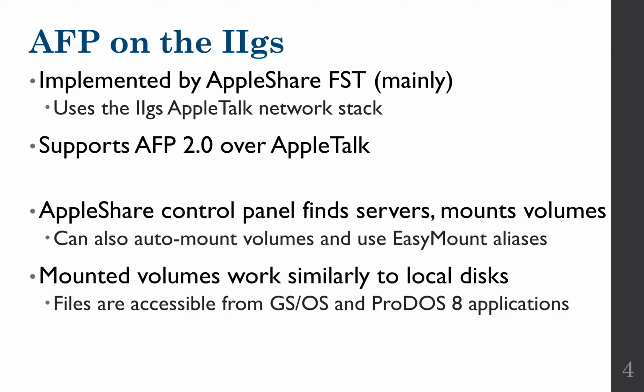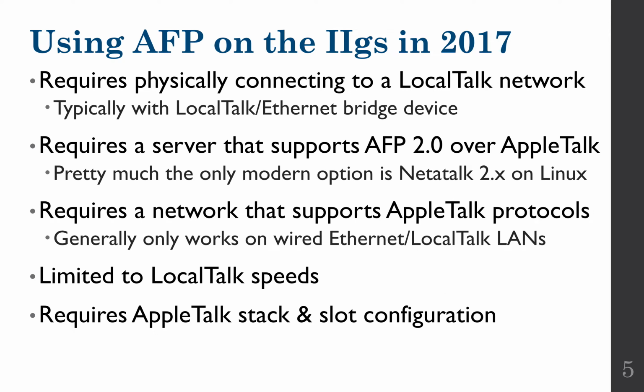But the AppleShare control panel is the usual way to mount volumes. Once you've mounted a volume, it works similarly to a local disk. You can read and write files from it. It actually works under both GS/OS and ProDOS 8, which is interesting and requires some coordination between different components. So that's AFP on the 2GS.